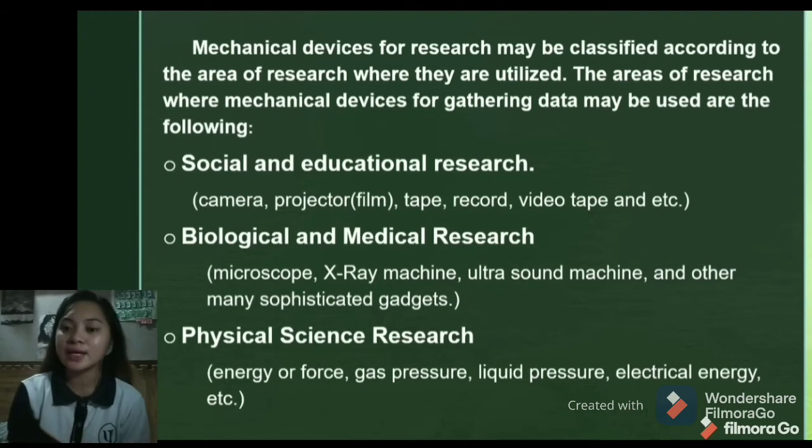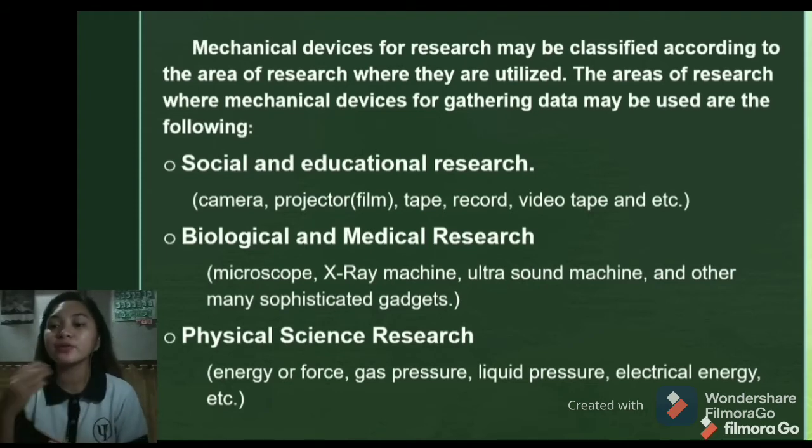The mechanical devices that may be used to help gather data in observation and interview are the camera, projector, tape recorder, the videotape, the audio recorder, and others. The reader is referred back to the section on recording by mechanical devices what has been observed and what transpires in an interview.